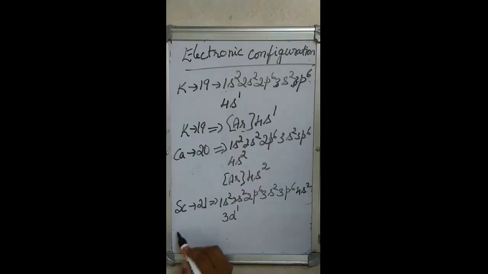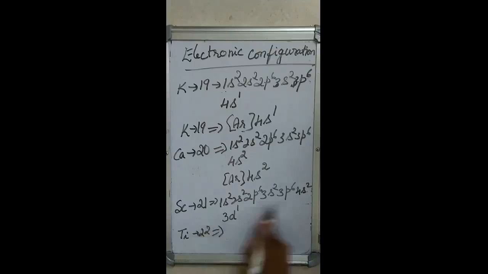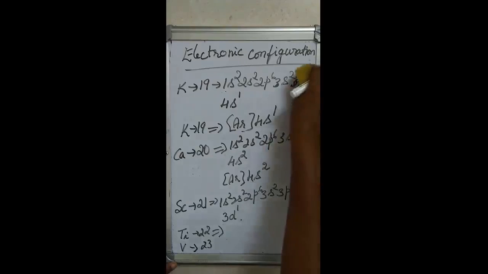After that, titanium 22. So what happened here is it becomes 3d2, same configuration, 3d2. Then vanadium 23, 3d3. Now chromium 24.